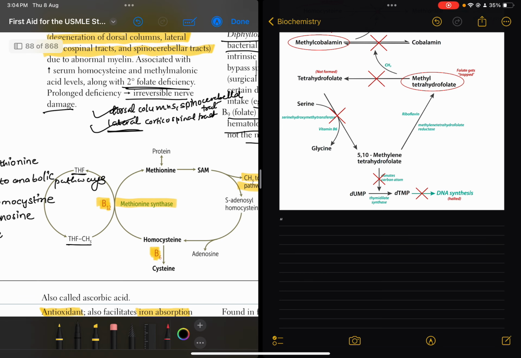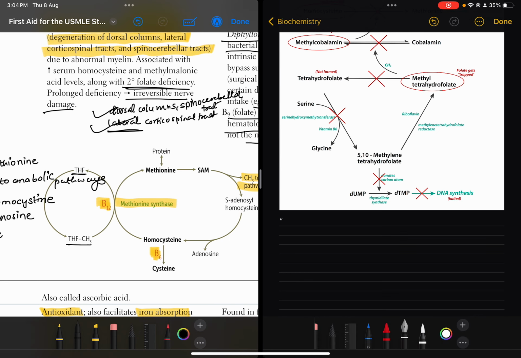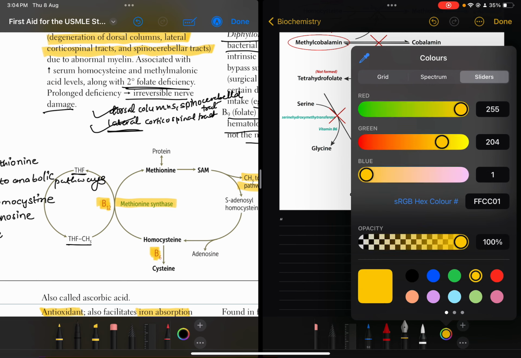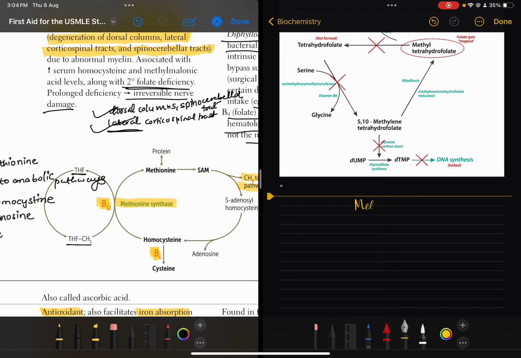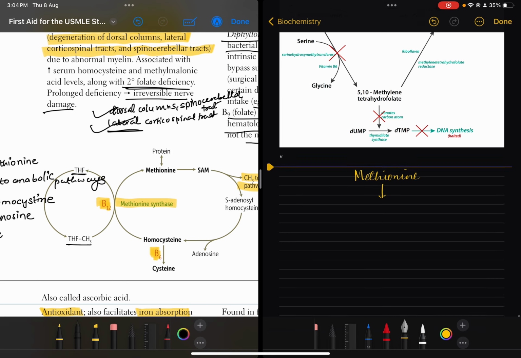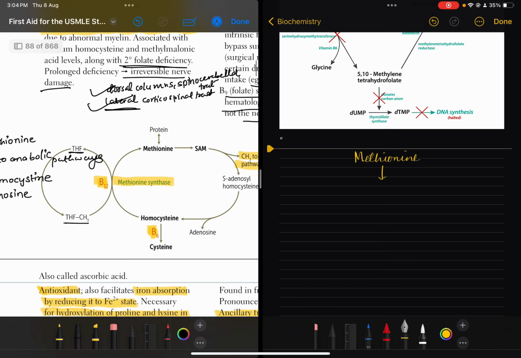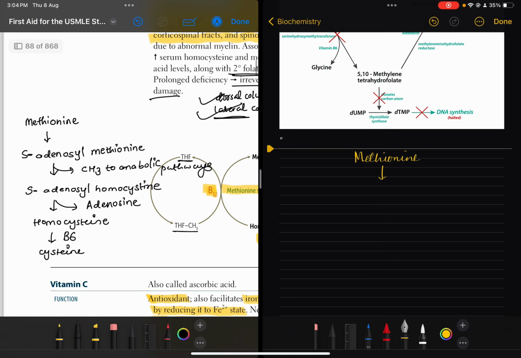First, methionine will be converted into S-adenosyl methionine.